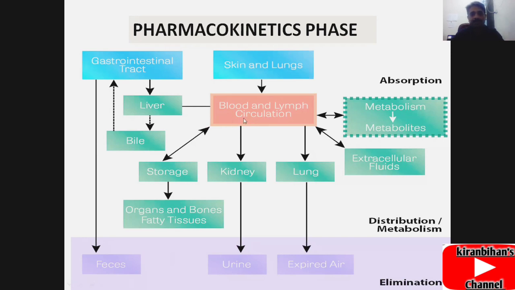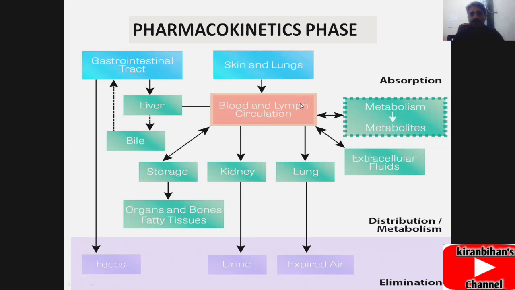The distribution occurs into various tissues from the blood, like kidney, lungs, brain. During distribution, metabolism happens, whether the drug is metabolized by the body. So after metabolism, through the kidneys, the drug is excreted in the urine.